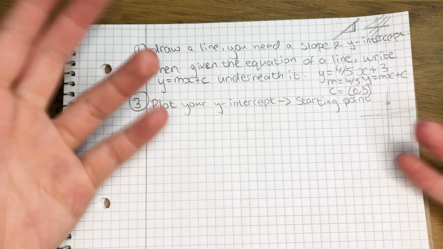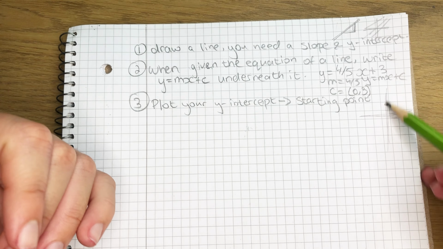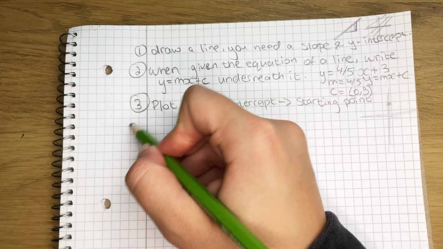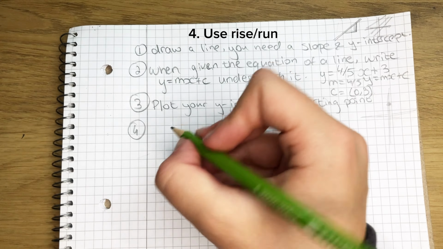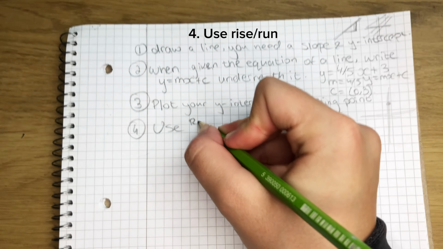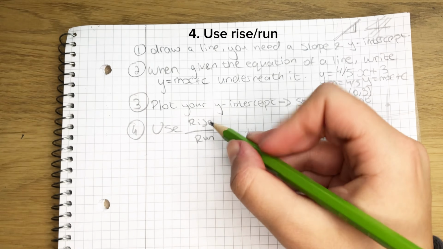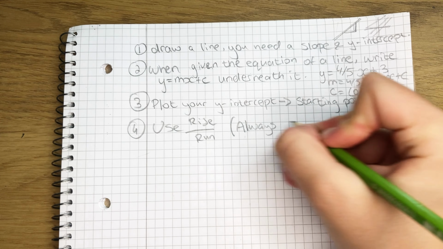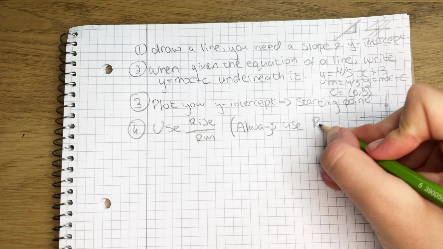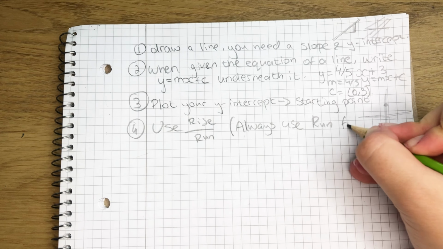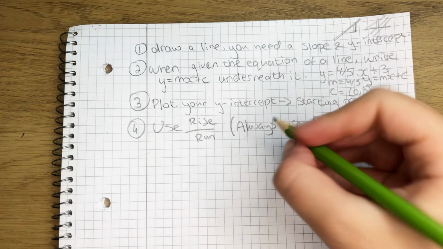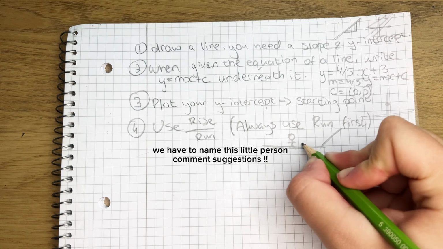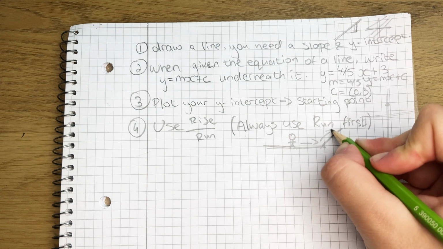Well, I know the steepness of it, but I need to know where it is. So step 4 is to use rise over run. Always use run first. Remember the little person that I always use in my videos? This little person is always running across and then up the hill.